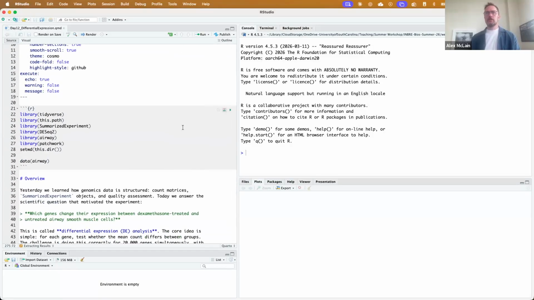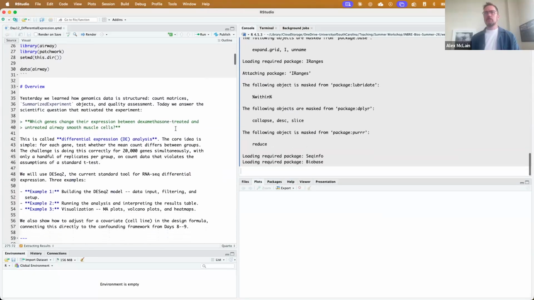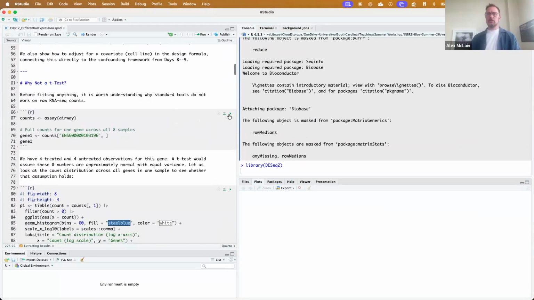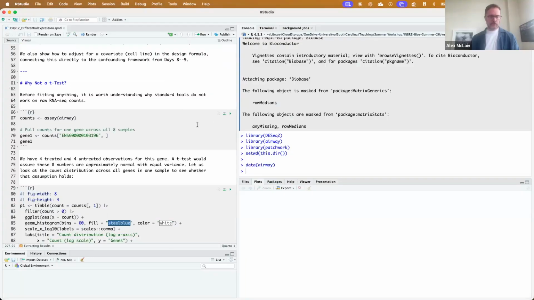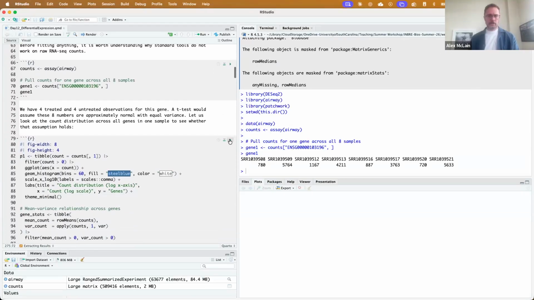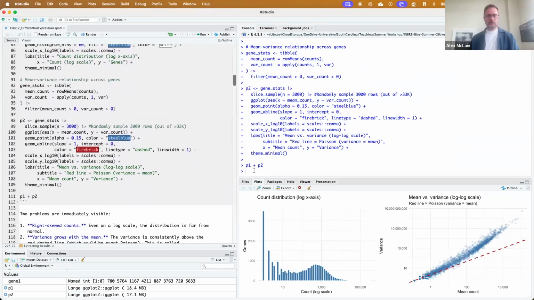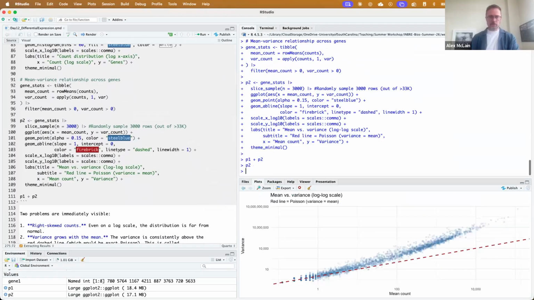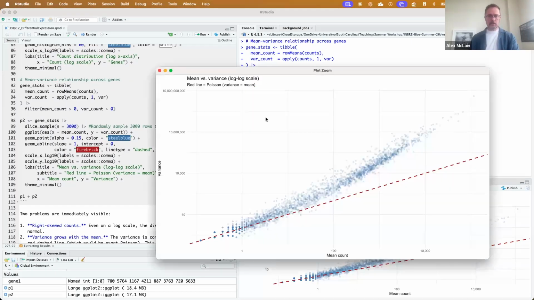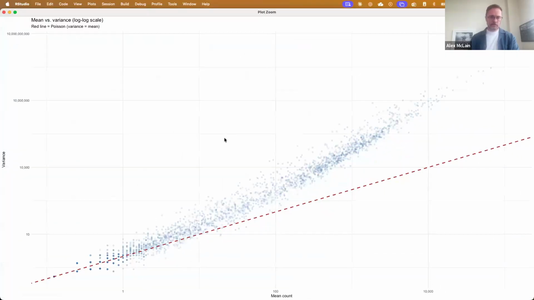I'm going to run these code chunks one by one. I don't need to run all of these, but we can run them all. For example, if we wanted to see P2 a little closer, we could look at that. Okay, this is a closer look at that mean versus variance relationship. Interesting.